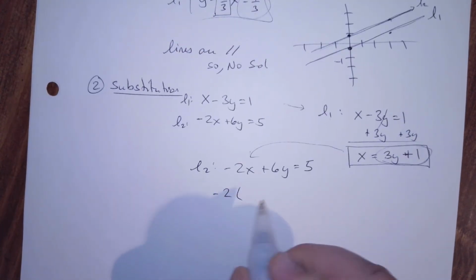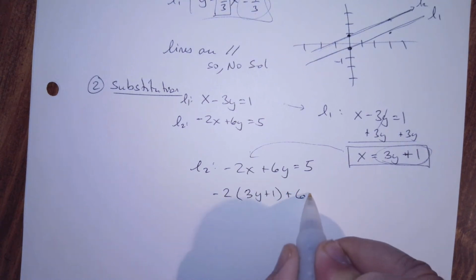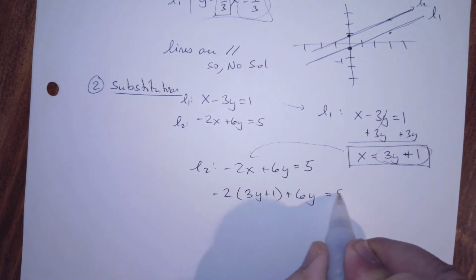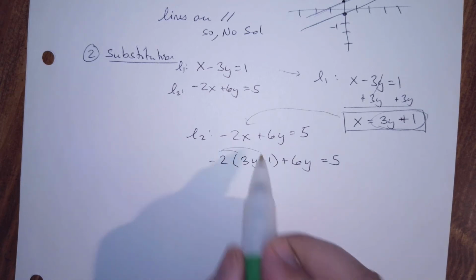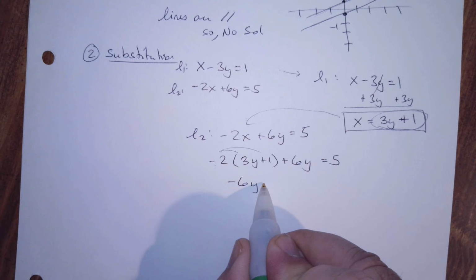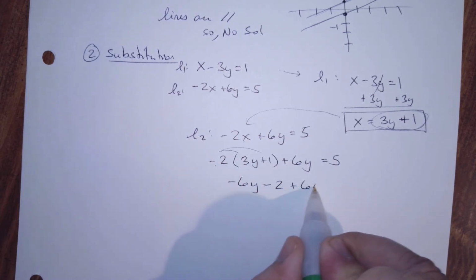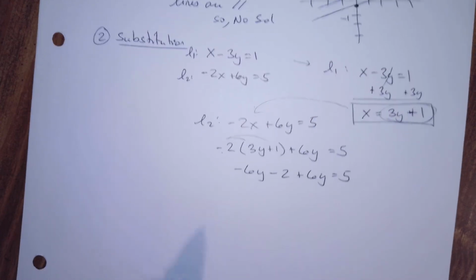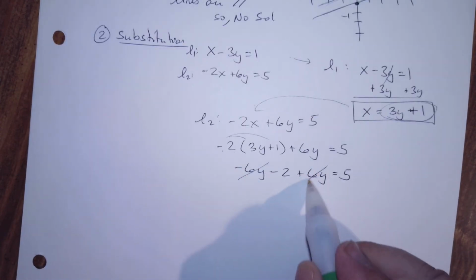So -2(3y plus 1) plus 6y equals 5. Distribute. -2 times +3 is -6y. Negative positive is negative. -2 times 1 is -2. Plus 6y equals 5. Combine like terms. -6y and 6y, they cancel.